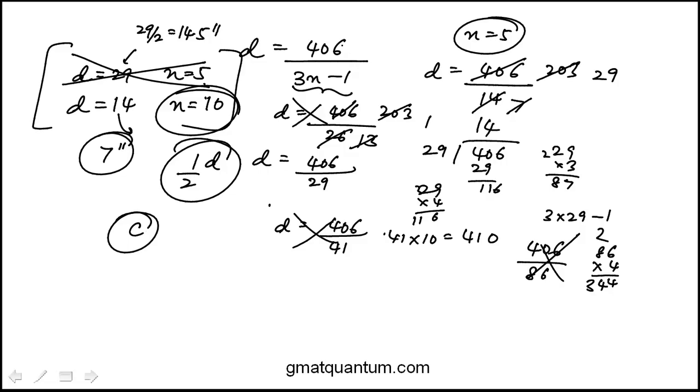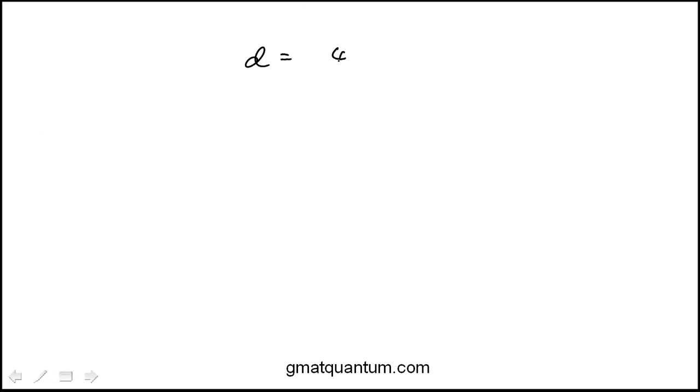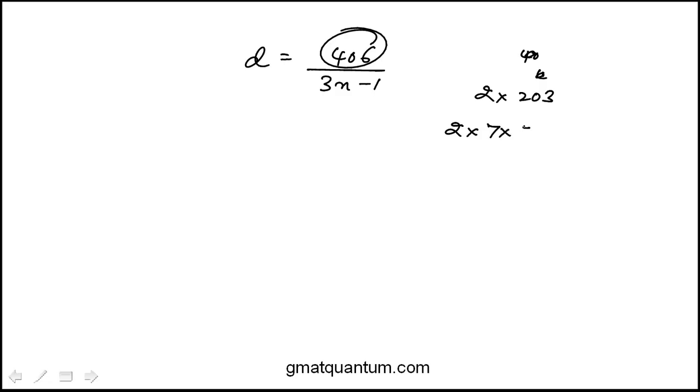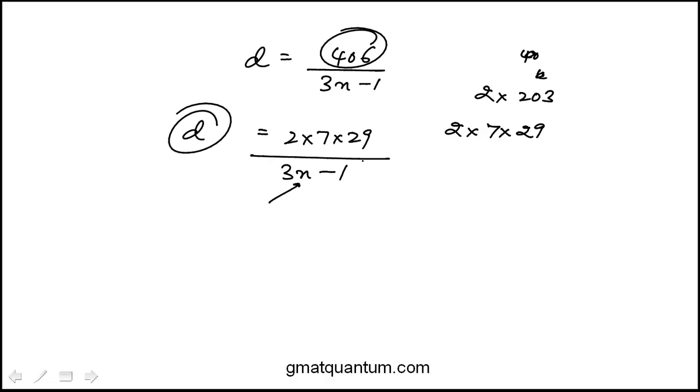Now, I do want to show you another way that you could guess the values of n. And that has to do with factoring 406. So 406 is 2 times 203. And then you have to figure out that, yes, this is divisible by 7. Again, that's some work. And now we're looking for integer values for d. N also is constrained to be integer.